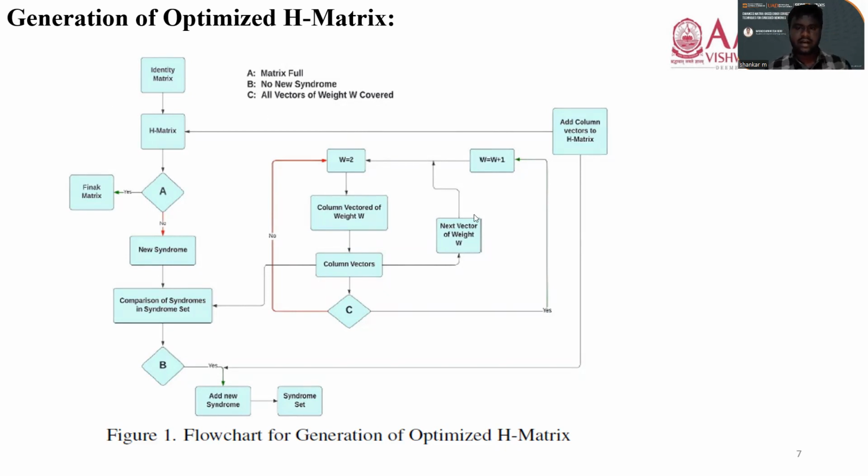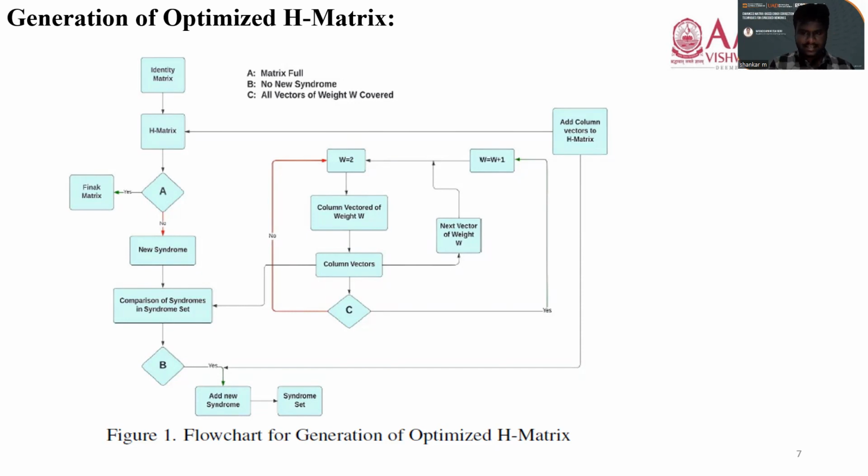So after that, the next column which we are going to select will be such that the combination, or the XORing, of that with the previous columns should not give any syndrome vector which is present in the possible syndromes we had previously.